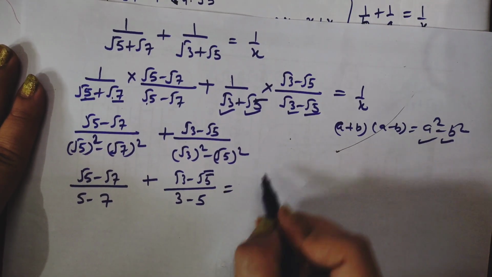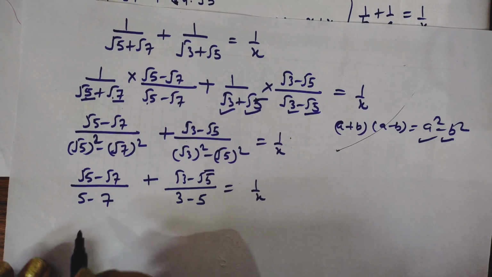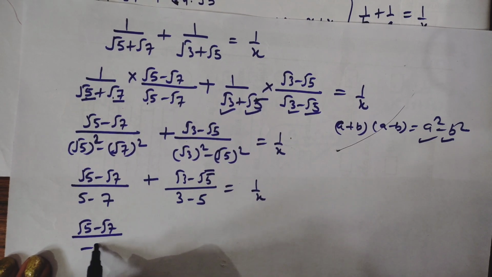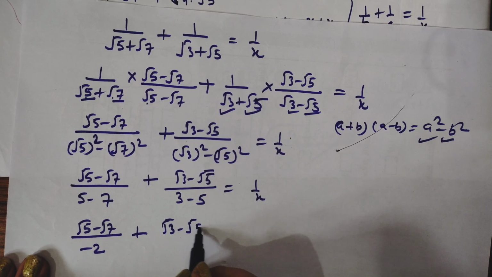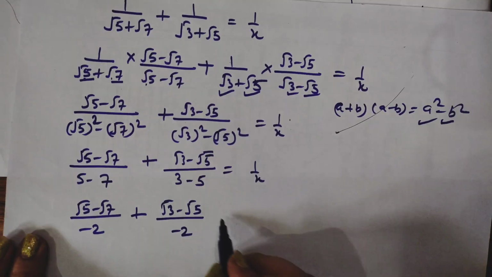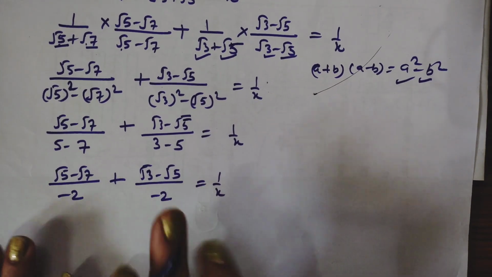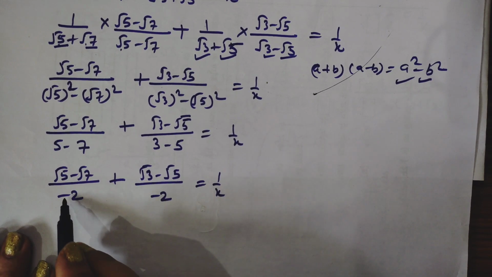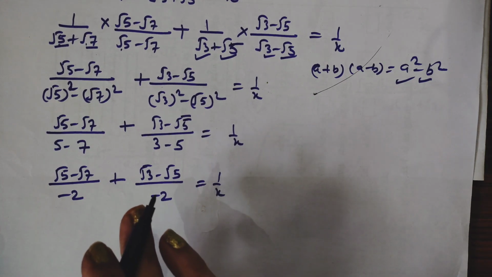Okay, and do not forget to write the right-hand side as it is. Now you can see root 5 minus root 7 upon this is minus 2, and root 3 minus root 5 is also minus 2, 1 upon x. Now you can see these two are minus, so everybody knows this minus sign here and this minus sign is also here. Now how to write these?